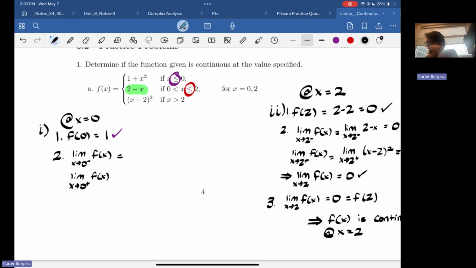Top one. Okay. And what happens? I guess the first thing I should say, can I do direct substitution with 1 plus x squared? Yeah, and what happens when I do? I get 1. Cool. Which equation do I care about when I am slightly to the right of 0?